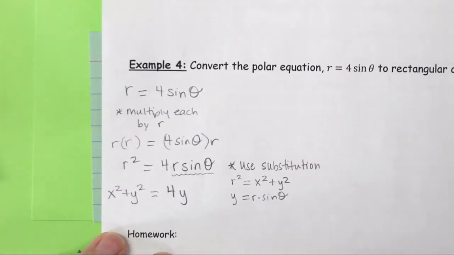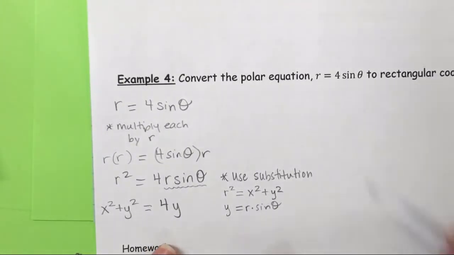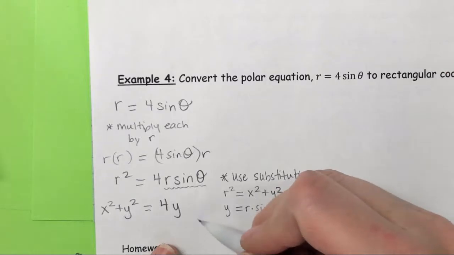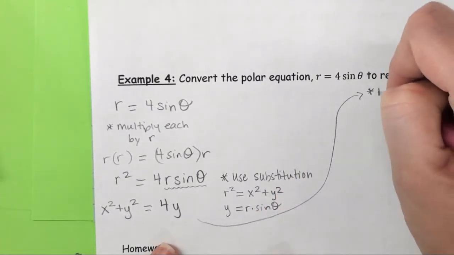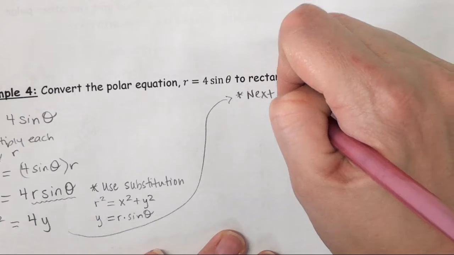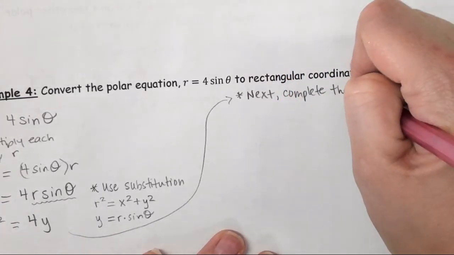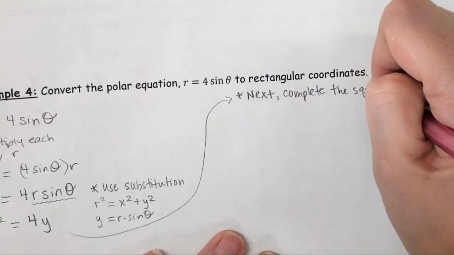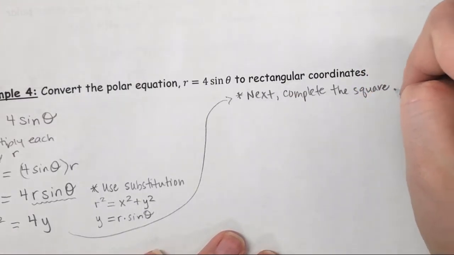Alright, now the next thing we are going to do is complete the square. This is going to help us write our equation in rectangular coordinates, and then we're going to see if you can recognize what type of equation this is.